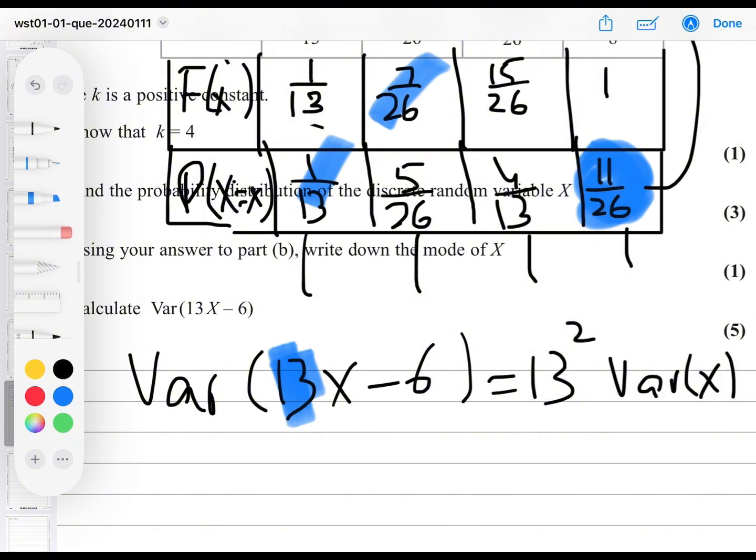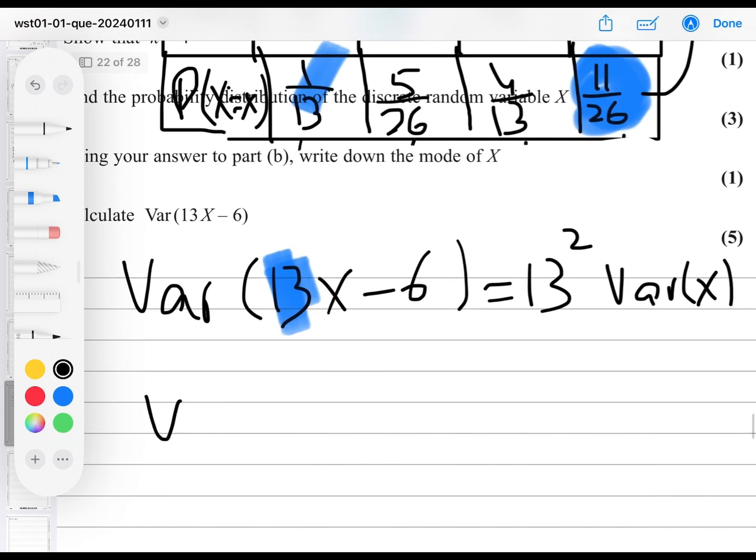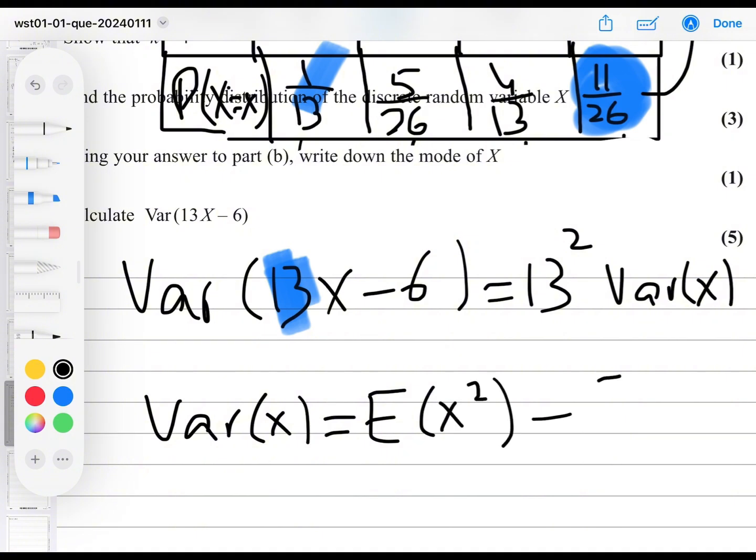So for this we need to find the variance. What is the formula for the variance? The formula for the variance is the expected value of x square minus expected mean square.